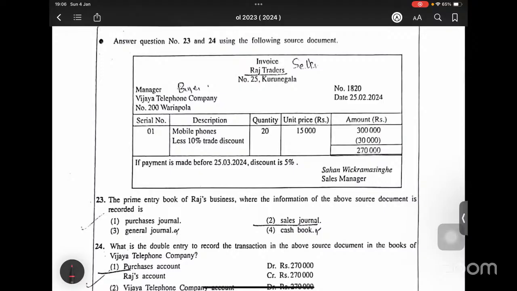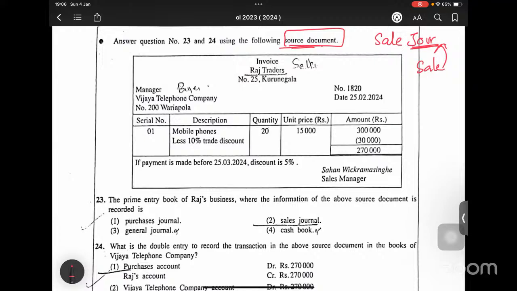It is an invoice. Here they have asked for the source document. A sales journal comes under journal. Here, this is a source document. A sales invoice will be needed for a sales journal. So that is a journal and a sales invoice is a source document. So this is an invoice.